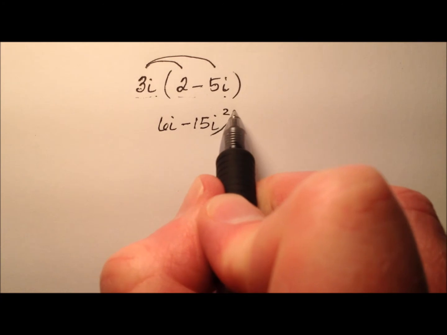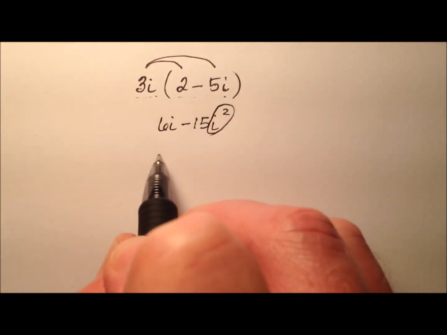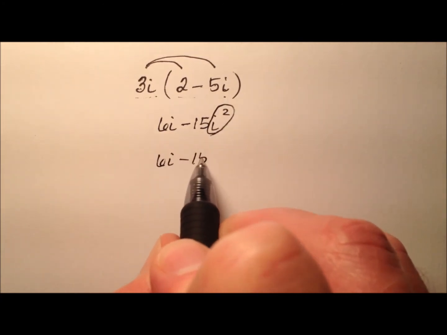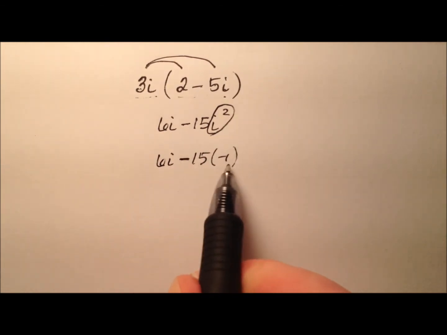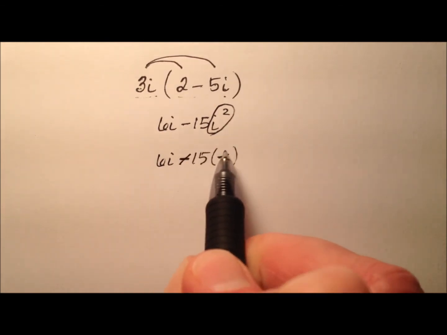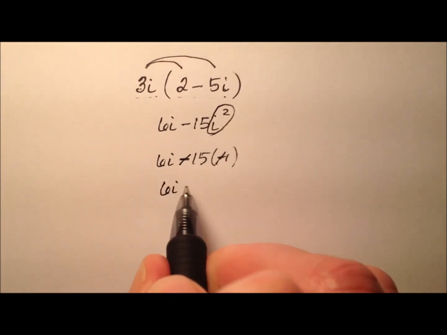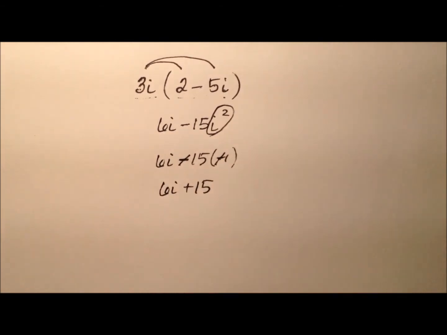But we know that i squared is negative 1, so I can rewrite that as 15 times negative 1. So our negative here and our negative here will cancel each other out. So I'll have 6i plus 15.